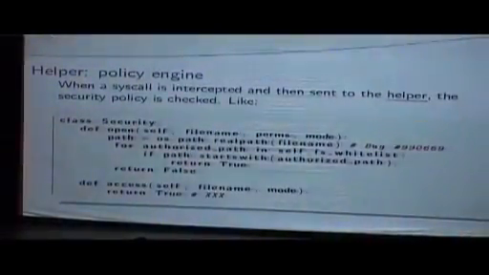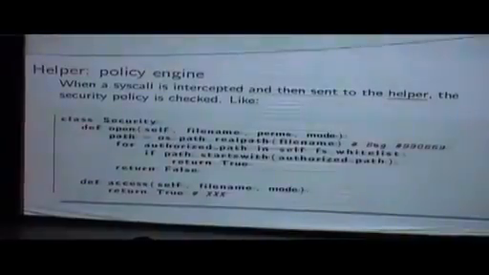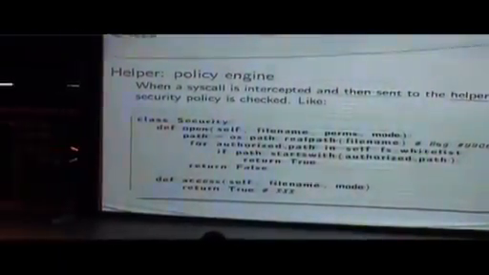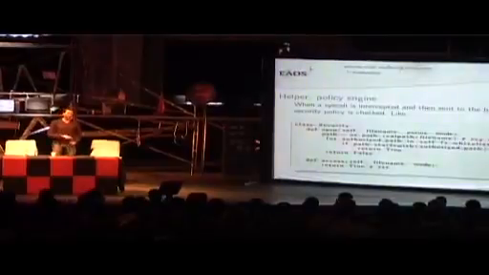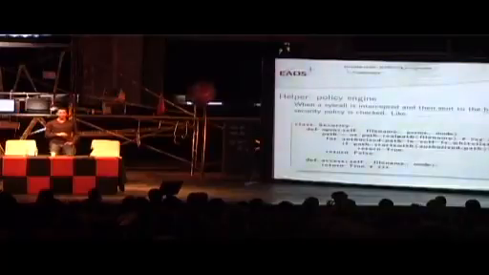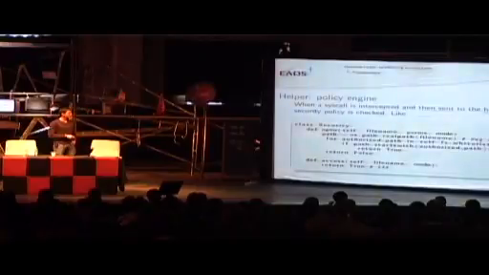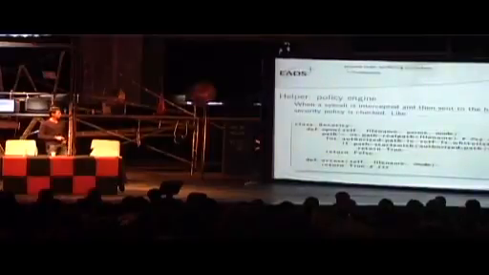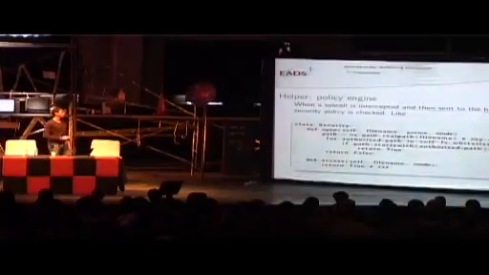For the helper now, there is some kind of policy engine. So when a syscall is intercepted, it is sent to the helper, and the helper has to decide if the syscall has to be really made or not. So basically, here is the actual code of the policy engine of SECCOMP, which is composed of the open syscall and the access security check. If we take this security check, when the untrusted application is trying to open a file, this security check is asked.